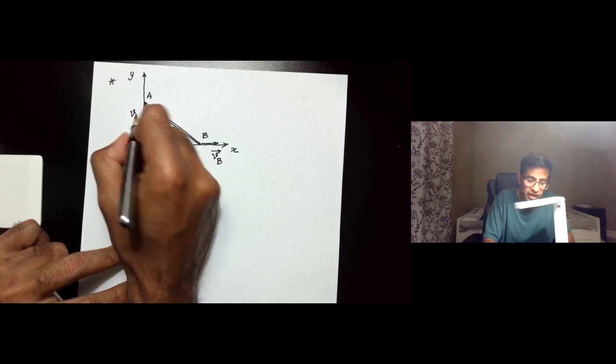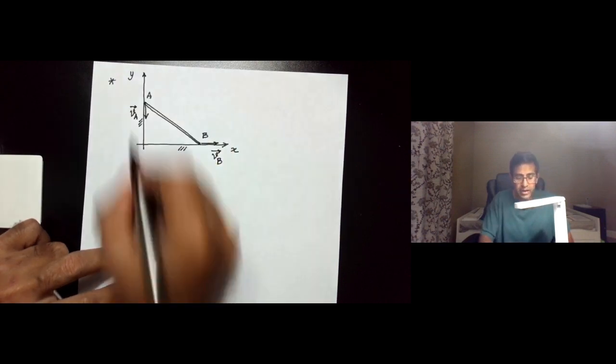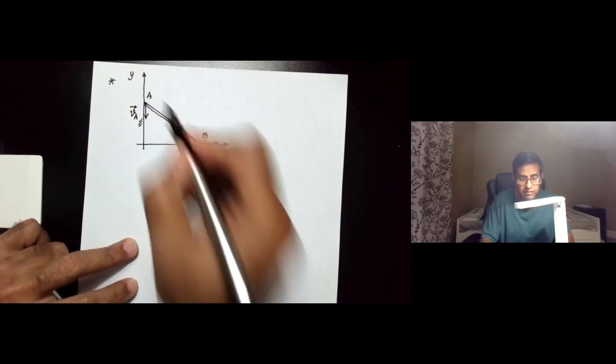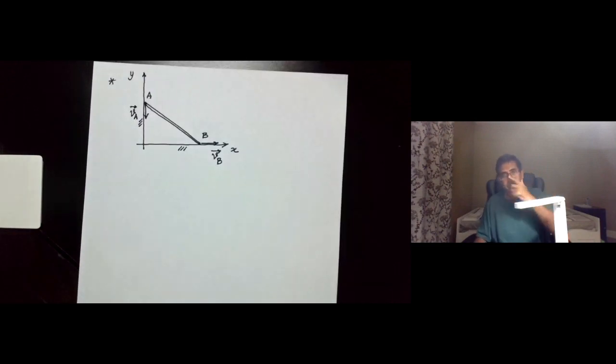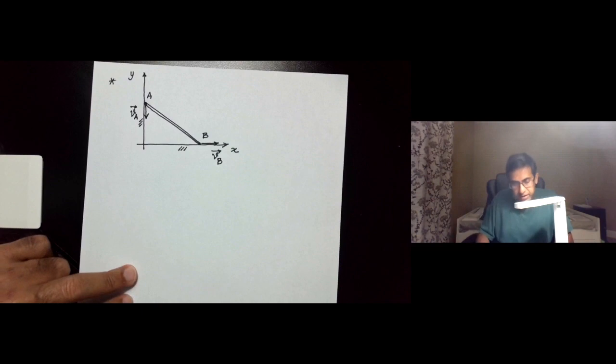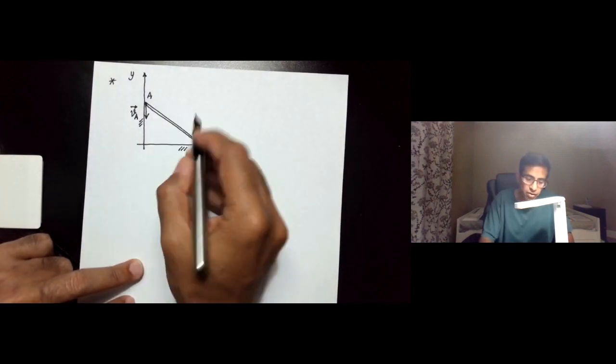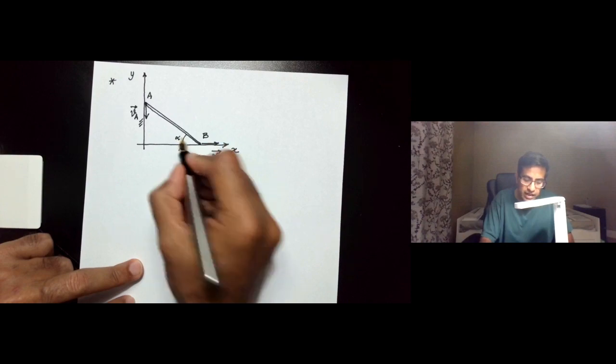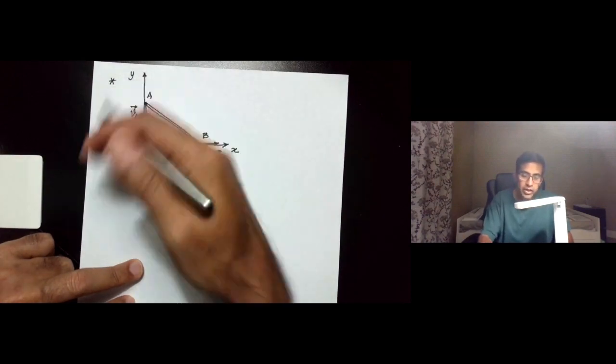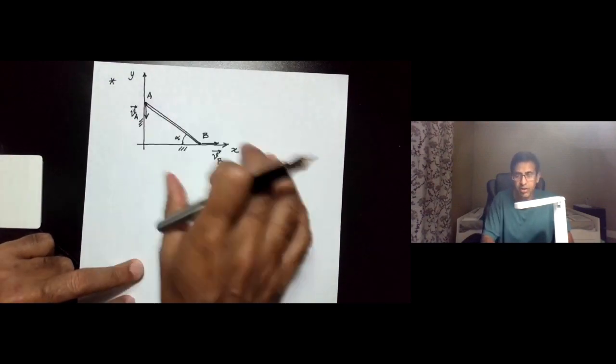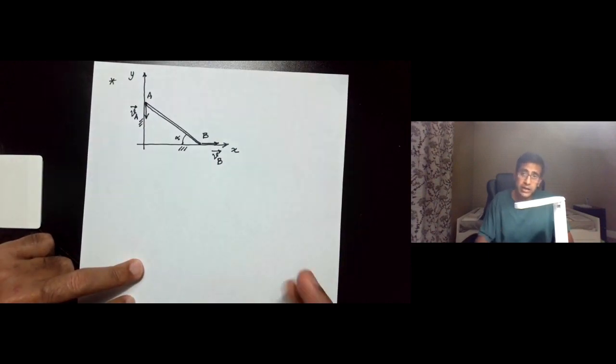So VA is going to be in the negative y direction. Right? So if I want to study this motion, you can see that the orientation of the rod is changing. So let's say this is angle alpha. You can see that the orientation of the rod is changing as the rod falls. So clearly the rod is undergoing rotation.